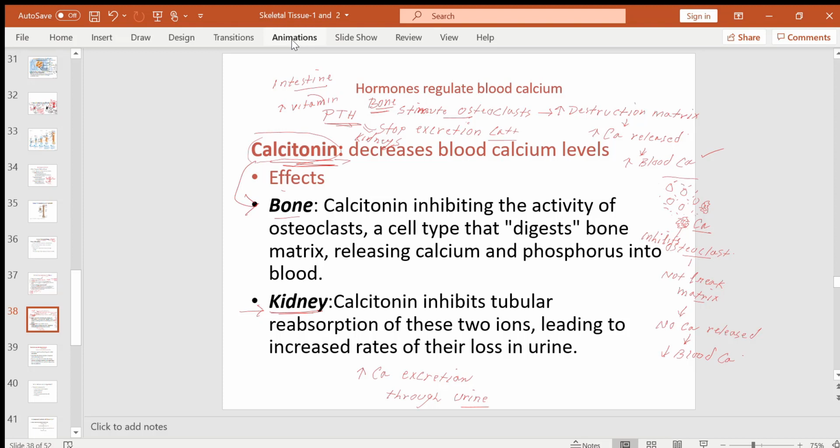So parathyroid hormone increases the production of vitamin D, and vitamin D will work on the intestine to do what? To increase absorption of calcium from the food in the intestine, from the food you eat.